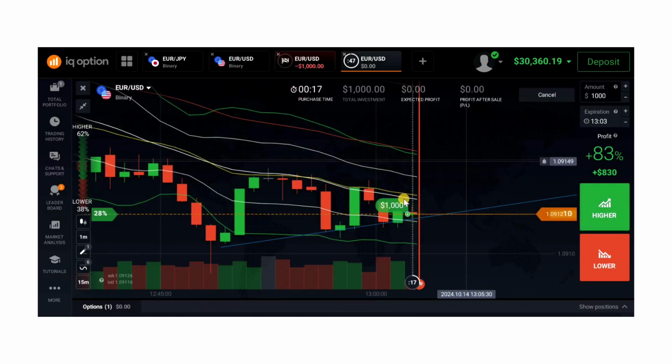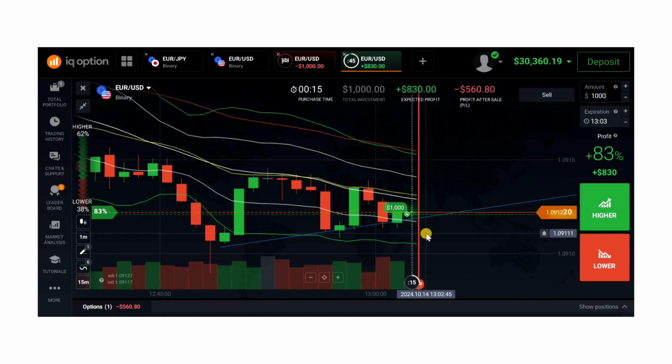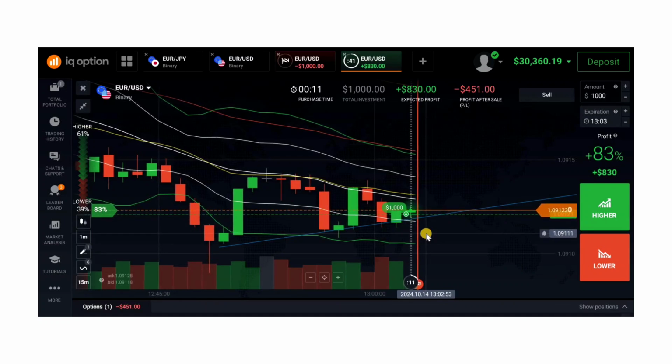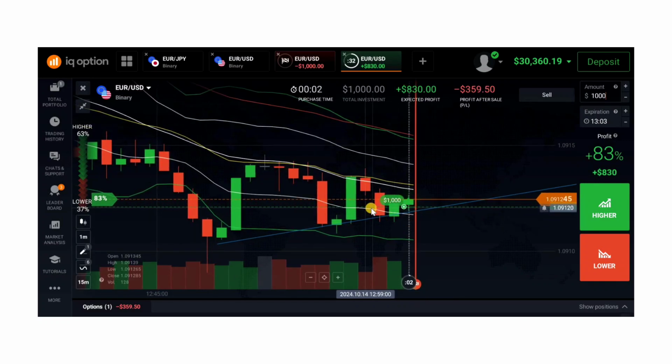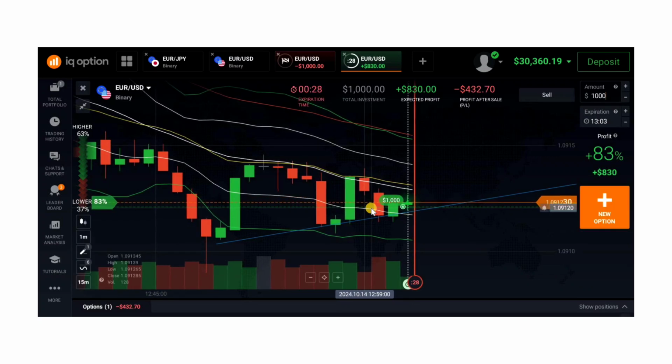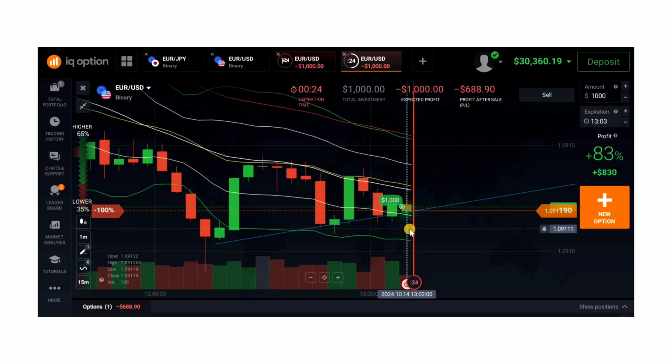So since the buyers are still there, go with the buyers. Now, this has nothing to do with the failure. You need to understand that the failure strategy has to do with this candlestick becoming a breakout or a red candlestick. Now, the failure strategy is not going to happen. I am not trading now based on the failure strategy. Please understand this. What I am doing is very simple.